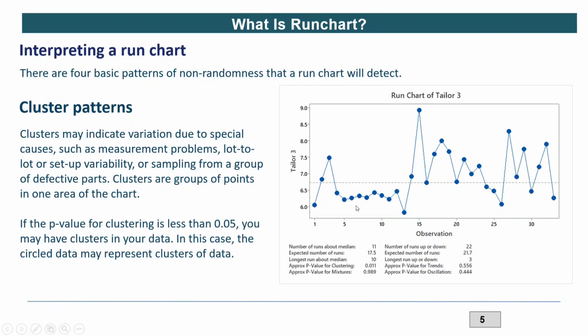This cluster formation is also non-random behavior, and in a process influenced only by common cause variation, you will not see a cluster getting formed when you draw a run chart. Again, how do you interpret whether the data has a cluster effect or not? Look at the p-value of cluster, and if it is less than 0.05, you can conclude that a cluster formation has happened in your data.